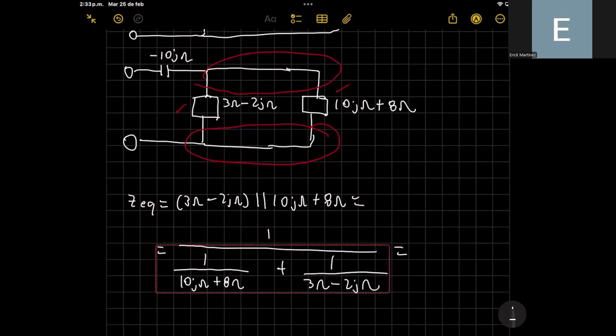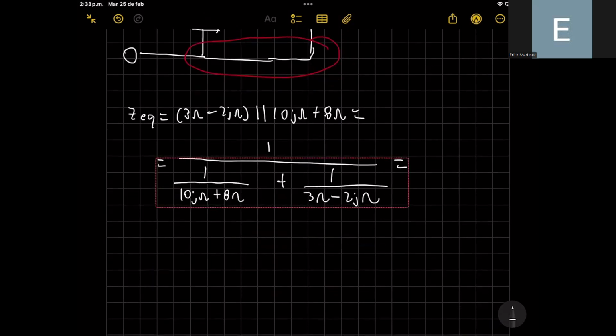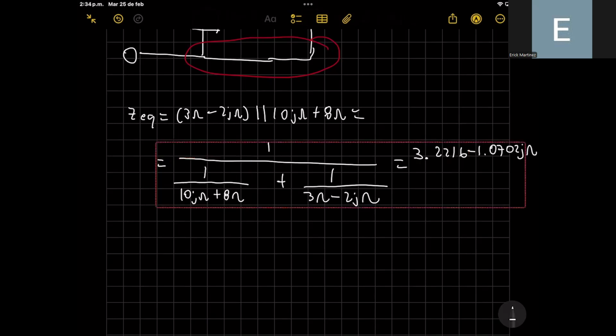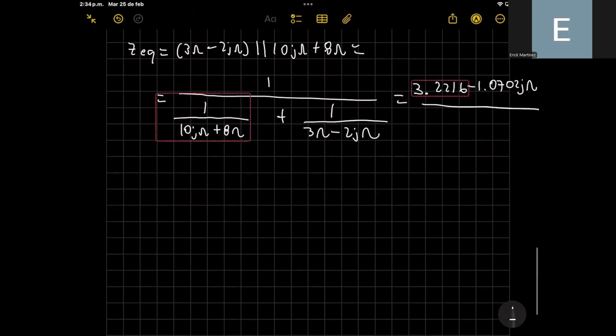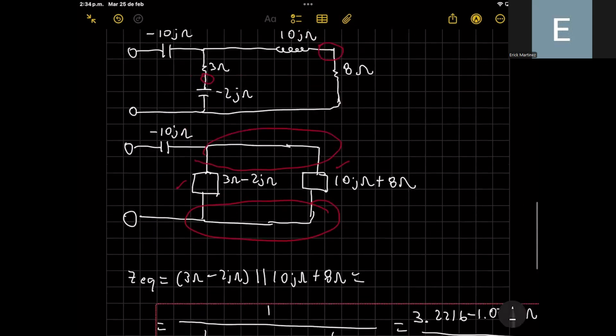And this is equal to, if you make all this operation in your calculator, you will obtain the following value. That will be equal to 3.2216 minus 1.0702 J ohms. Okay? So this is a complex number. I am expressing this in rectangular form. And now this is the equivalent impedance of these two elements that are in parallel. Okay.